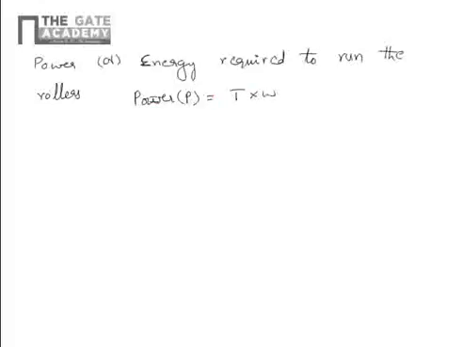the normal formula is torque into omega, where omega equals angular velocity, which is nothing but 2 pi N. Omega into torque. Torque is nothing but force into radius.